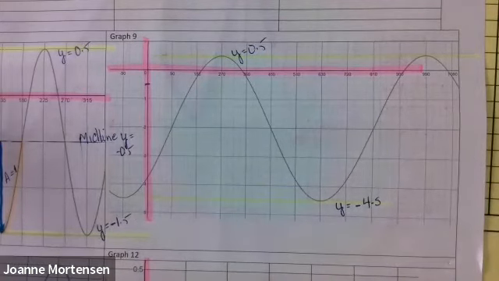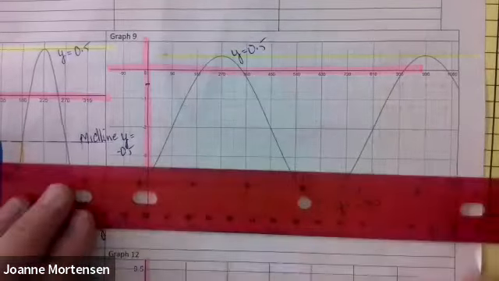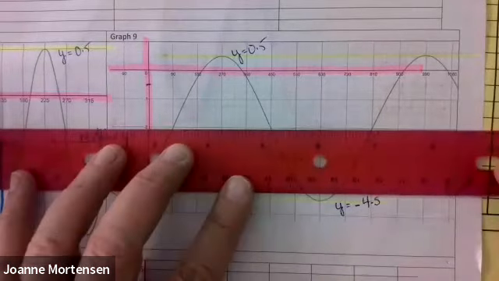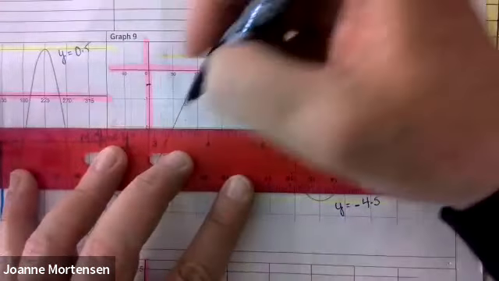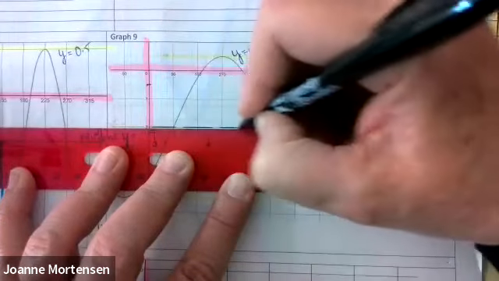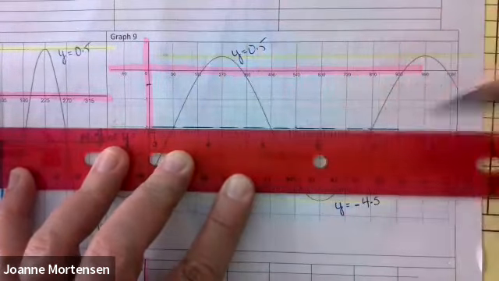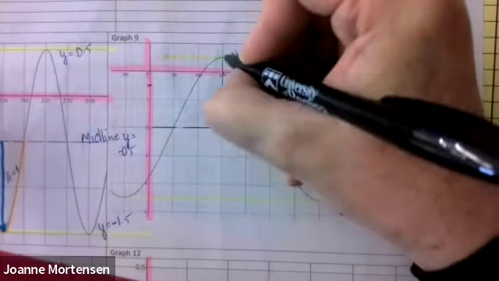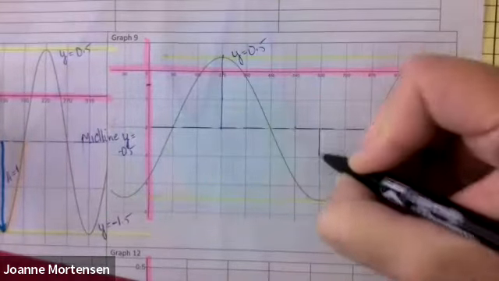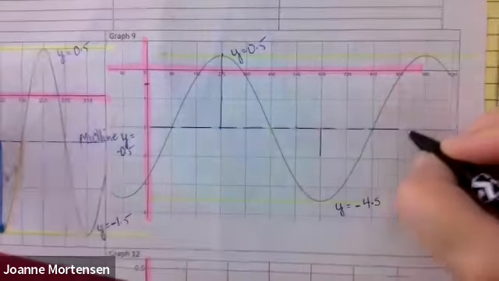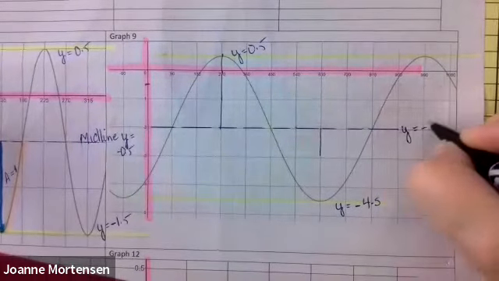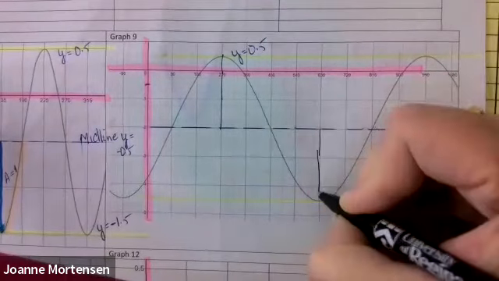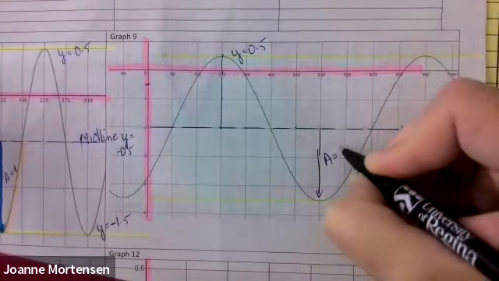So then my middle. Where is my middle? That seems in the middle. Okay, so that means it's 2.5 up and 2.5 down. That seems good. So this is y is equal to, don't forget your signs. And my amplitude is equal to 2.5.